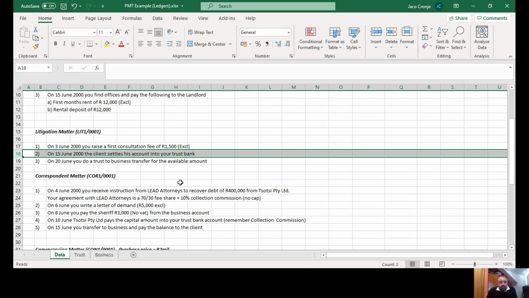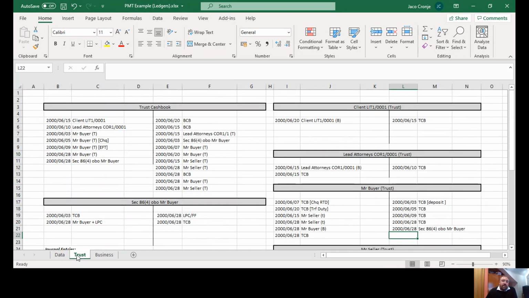So, settles his account into your trust. Let's go through the questions. Is this a trust or a business transaction? And the answer is trust. So I'm moving to this tab here. Is there a flow of cash? And the answer is yes. I said the client pays the money into my trust bank. So what will happen to my trust bank? Will it increase or decrease?